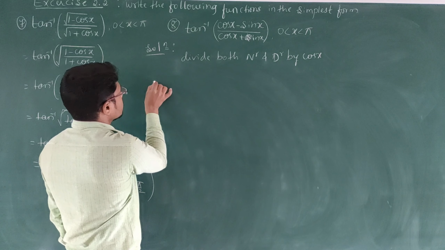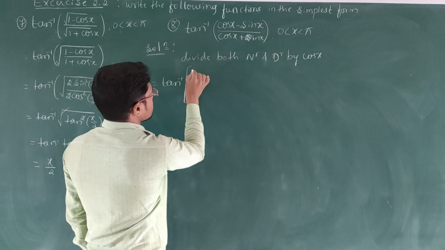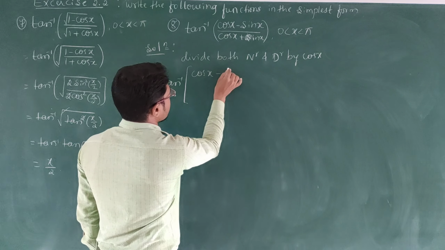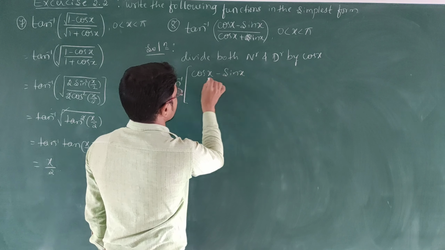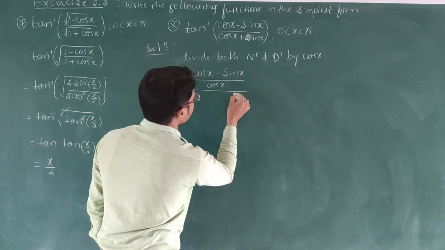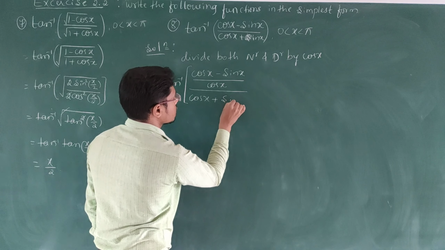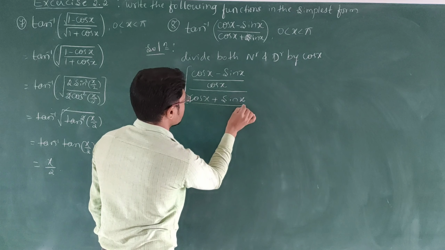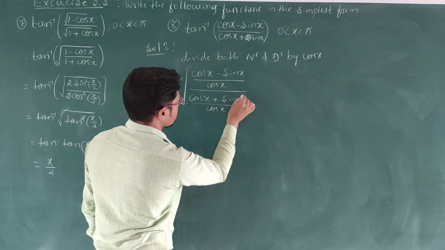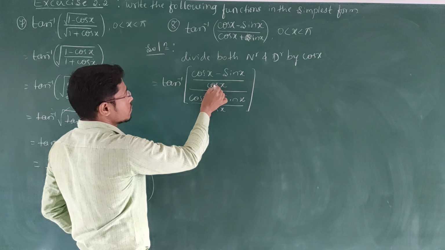So tan inverse of cos x minus sin x divided by cos x, whole divided by cos x plus sin x divided by cos x.